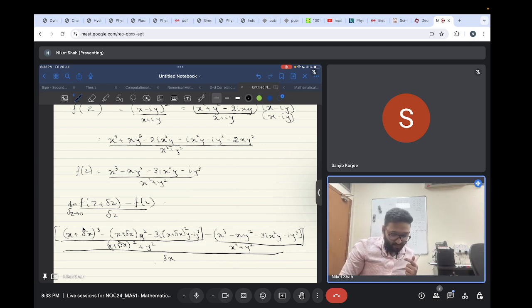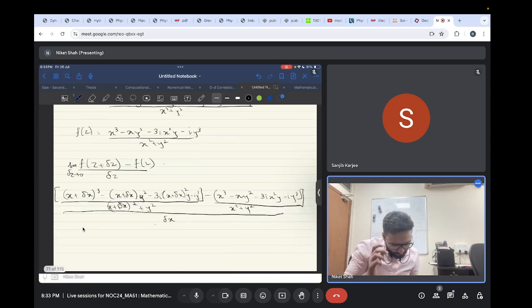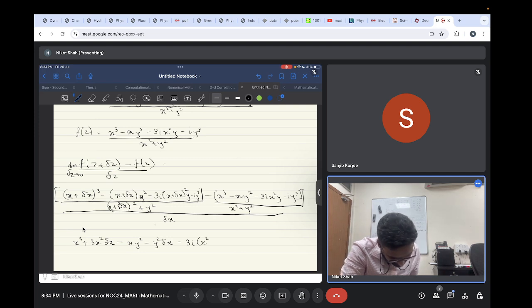So this already looks very tedious to solve, but yeah, let's do it. X cube plus 3x square delta x minus xy square minus y square delta x minus 3i x square plus 2x delta x into y minus iy cube.